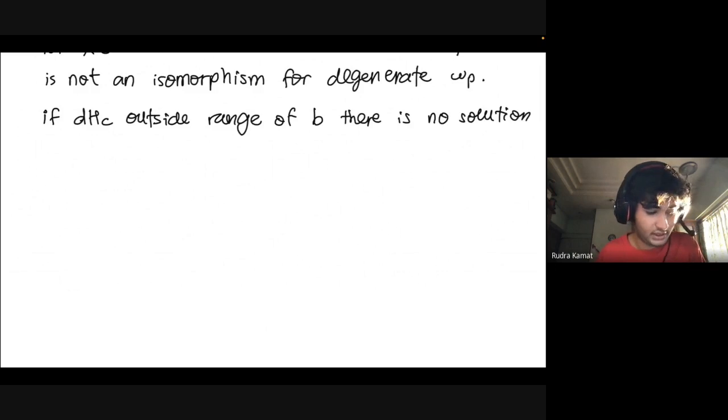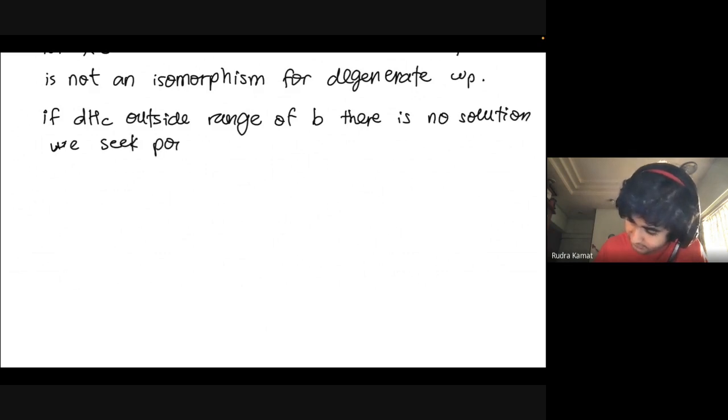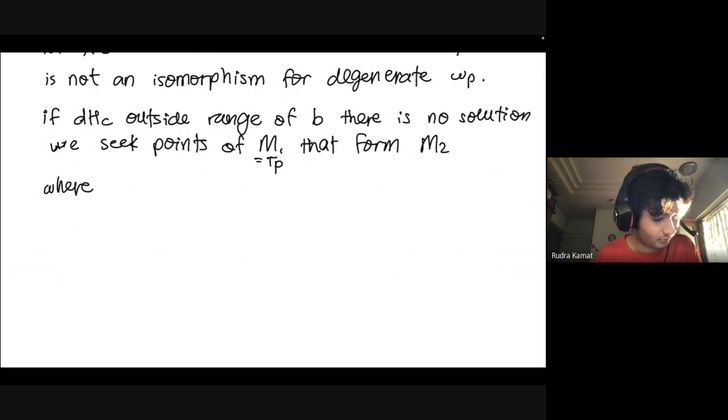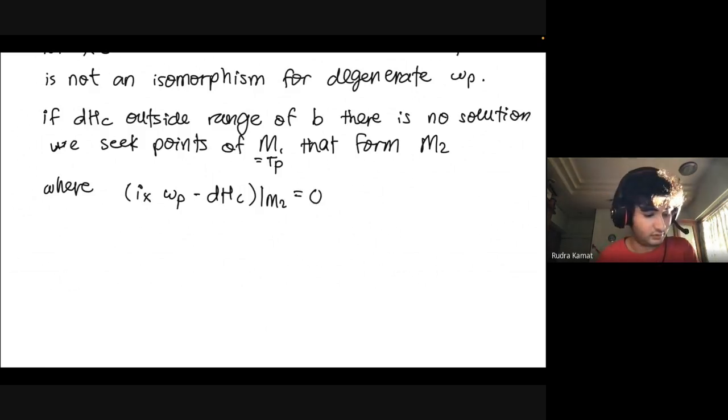So we seek, therefore, points of M1 that form a subset M2, where M1 maybe is gamma sub p, where the interior product of X with omega sub p minus dHC restricted on M2 is 0.